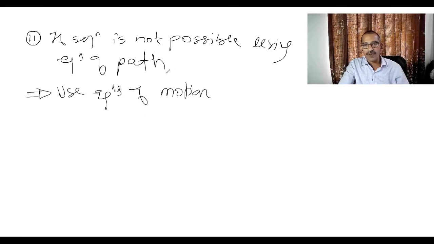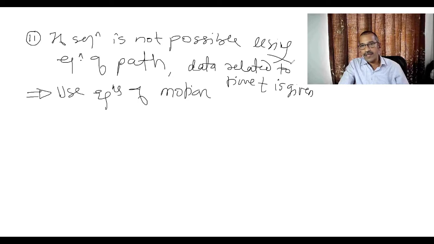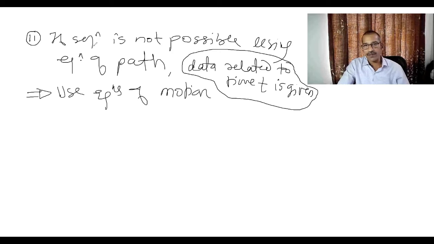Normally in these problems, what is given? Data related to, or in terms of, time t is given generally. If time t is given, or maybe you have to find time t, and the solution is not possible using the equation of path, then use the equations of motion.